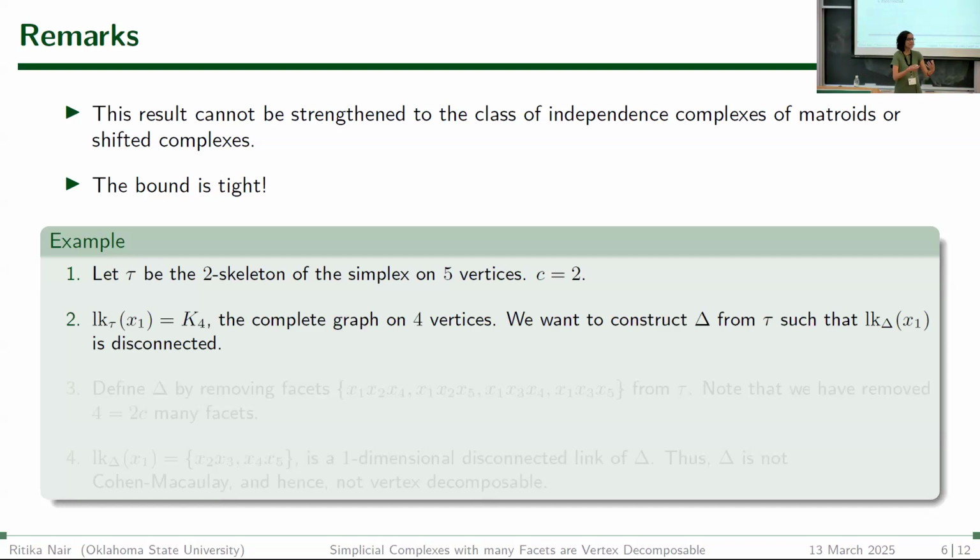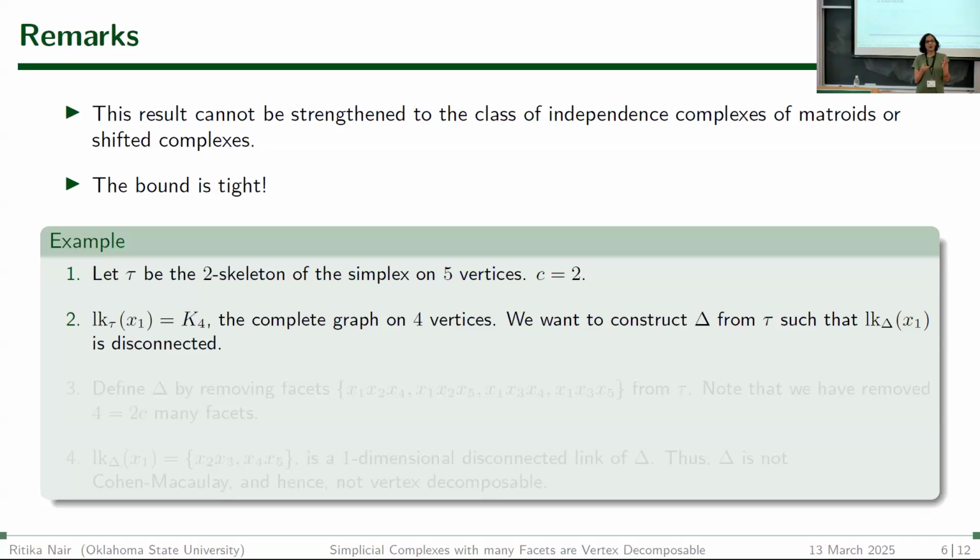So if you look at the link, it's going to give us the complete graph on the remaining 4 vertices. So K4. Now, we're going to use Reisner's criterion, which says that if a simplicial complex is Cohen-Macaulay, then the links of every face are also going to be Cohen-Macaulay. So it's an if and only if condition.